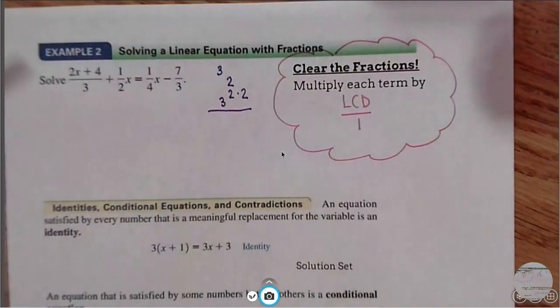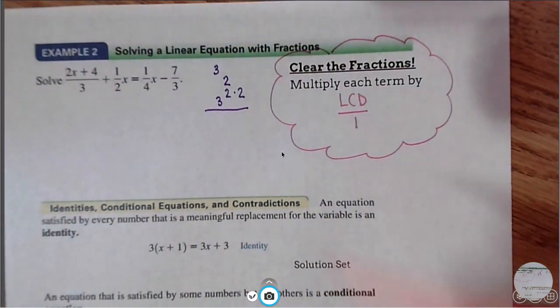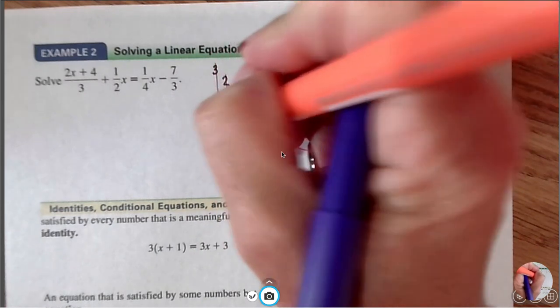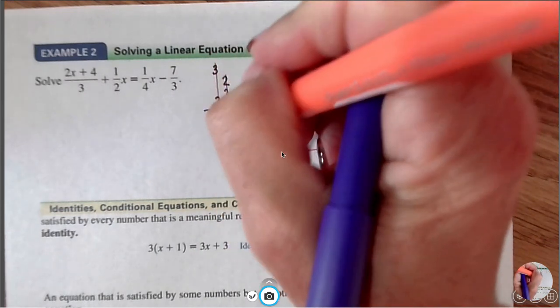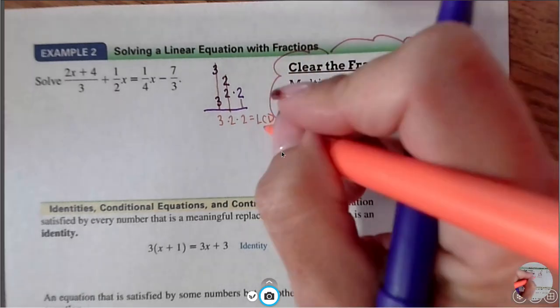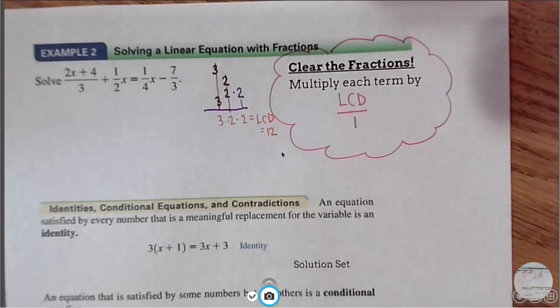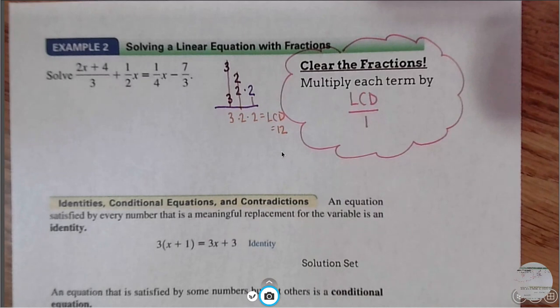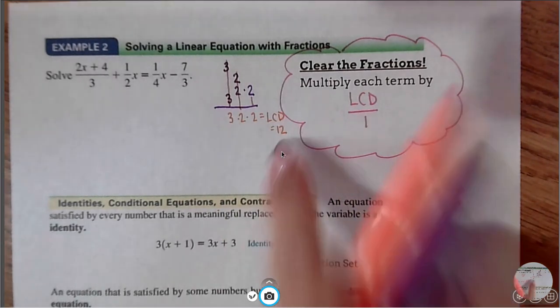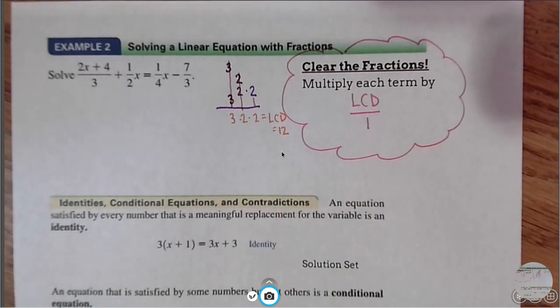So as I'm figuring out that LCD, I'm going to bring down 3 times 2 times 2, and that makes my LCD 12. One strategy that I like to use is to keep it as 3 times 2 times 2, but if you want to keep it as 12, that's up to you.